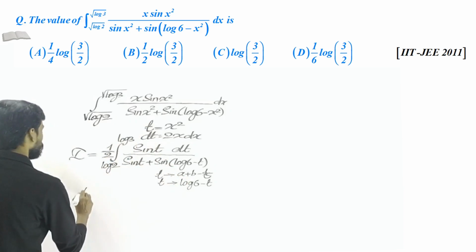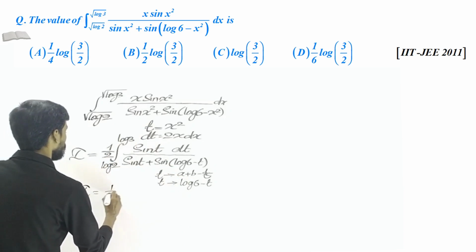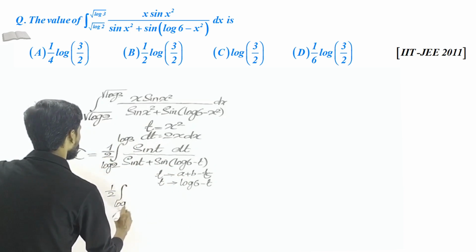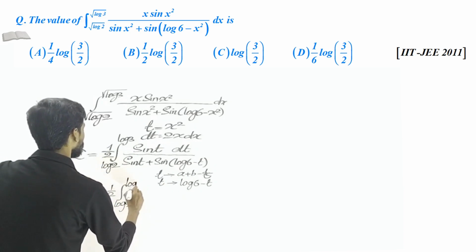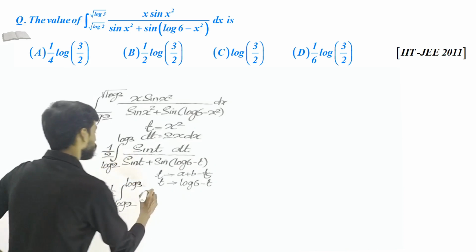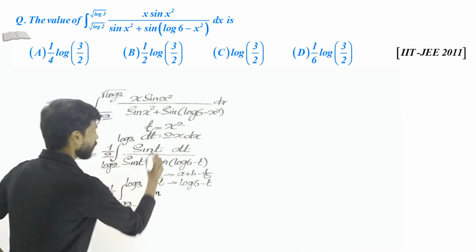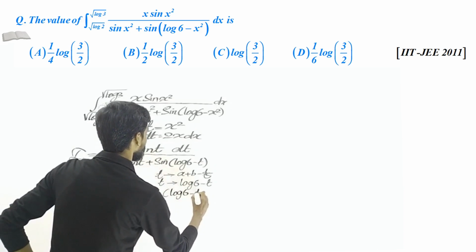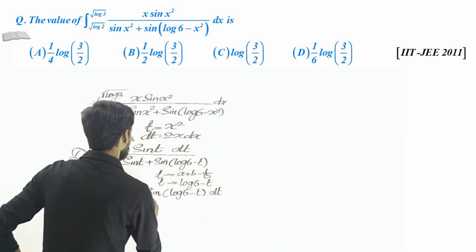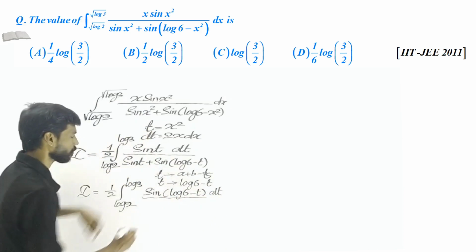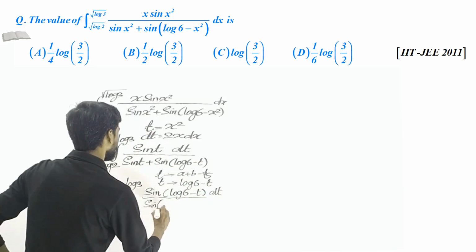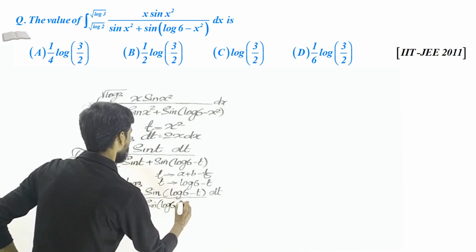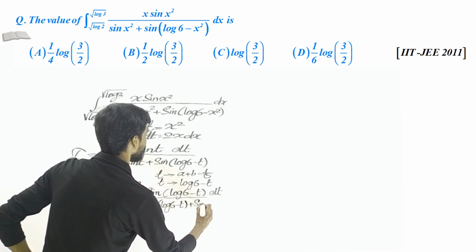So that becomes the same I equals 1 by 2 integral log 2 to log 3 and sine of log 6 minus t dt divided by sine log 6 minus t plus sine t.